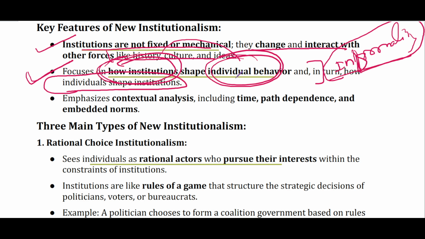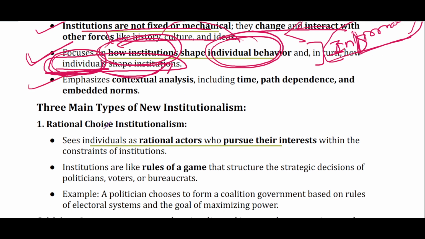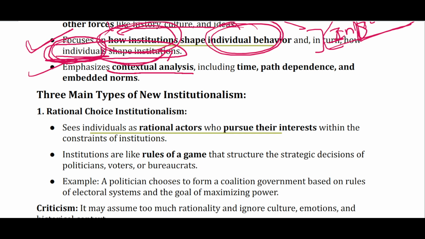It also studies how individuals are shaping these institutions, how individuals are shaping parliaments, executive, judiciary, legislature. यानी यहाँ पे जो इंडिविजुअल इनफॉर्मेलिटी है, इंडिविजुअल बिहेवियर है, इंडिविजुअल सोशियोलॉजिकल, इंडिविजुअल साइकोलॉजिकल डायमेंशंस हैं, उनको यहाँ पे अंदर लाया गया. And the third feature, it emphasizes contextual analysis, which includes time, path dependence, and embedded norms.